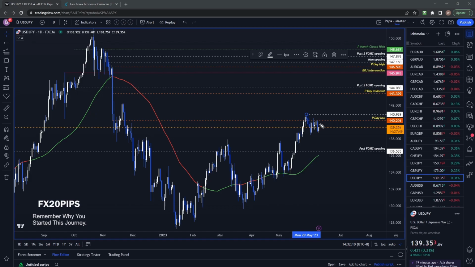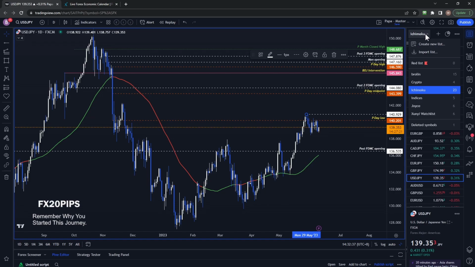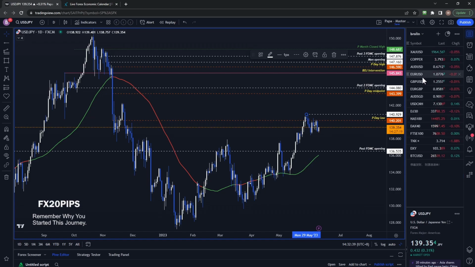It didn't happen yesterday. I'm just giving you some advance warning or knowledge that the Bank of Japan might start selling USD, and that will help me, because I'm looking for GBPUSD to go up. In order to do that, USD has got to be weak, and the Bank of Japan might help me on that in the future. All right, let's go back to my chart here.